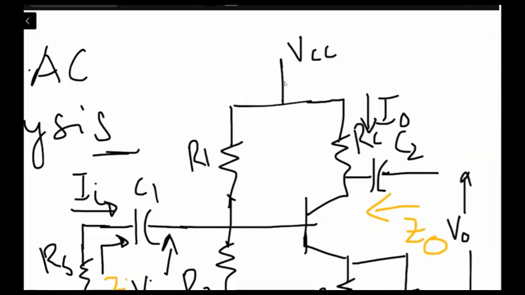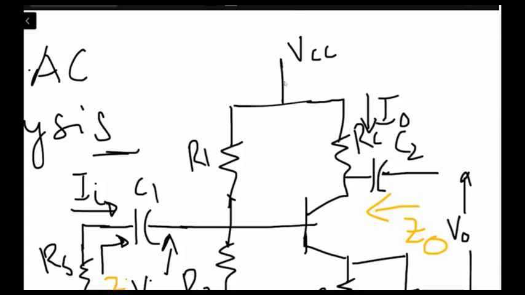Sir, they are connected to each other, so why are they connected to ground? When we take out the biasing source, the other end of VCC, which is the DC source, is connected to ground, okay? Are you with me? Yes, sir. So therefore when we take it out, R1 and RC, their one ends will be connected to ground, right?